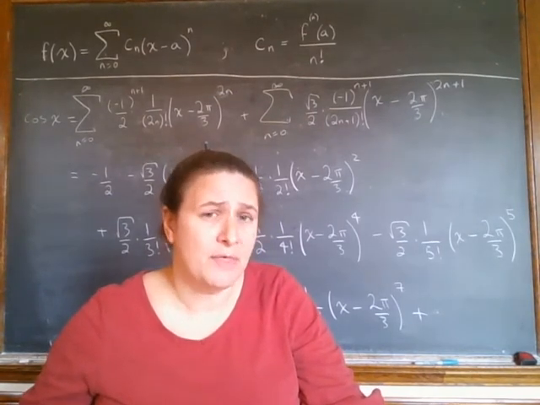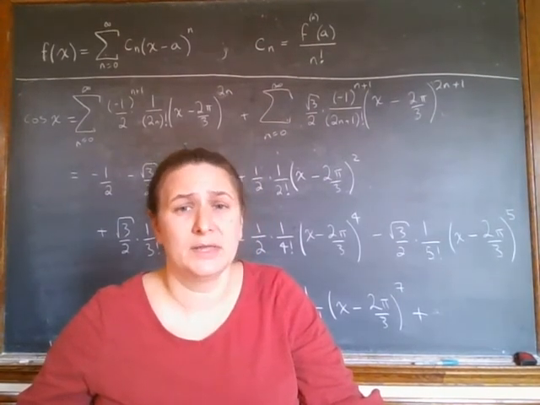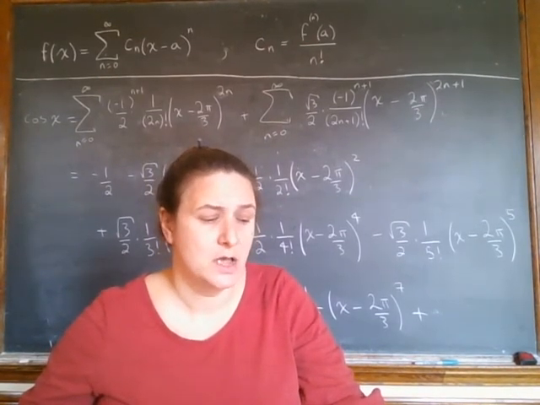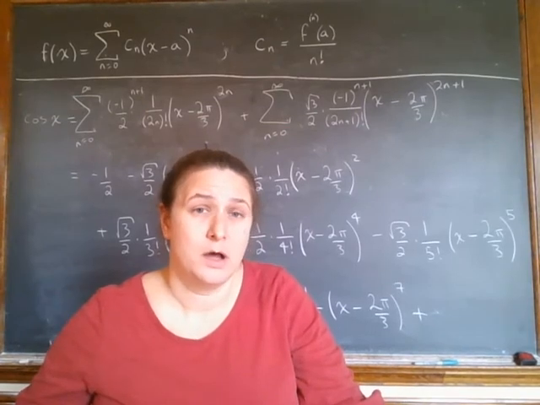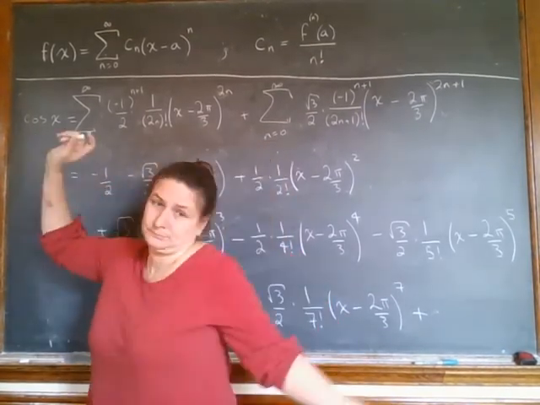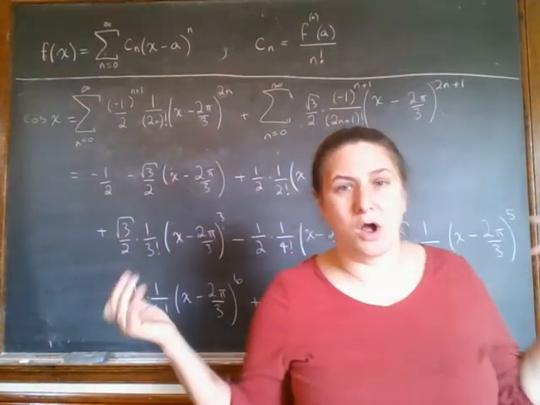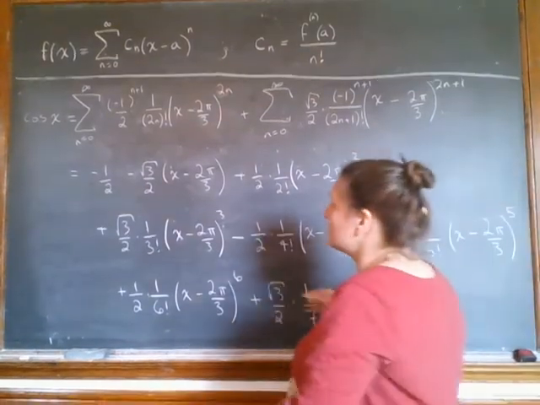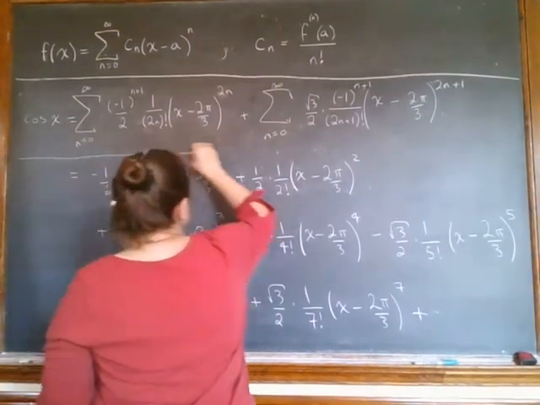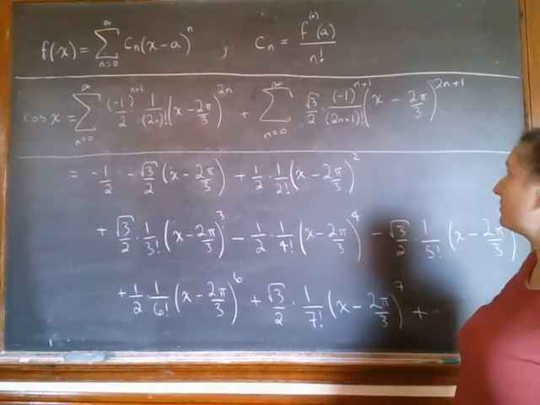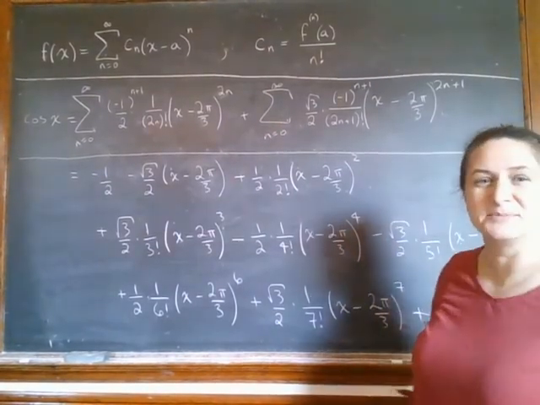But for some of them, you do have to do them separately. It really depends on the form of the actual original function. So this is probably the more complicated example, which is why I wanted to go through it. But that's our nth term formula for cosine of x around a equals 2 pi/3. All right.